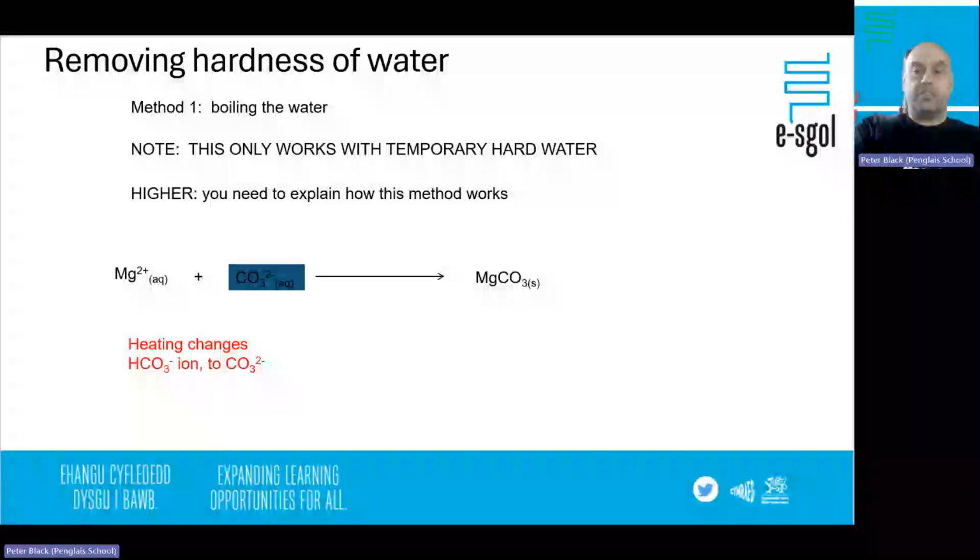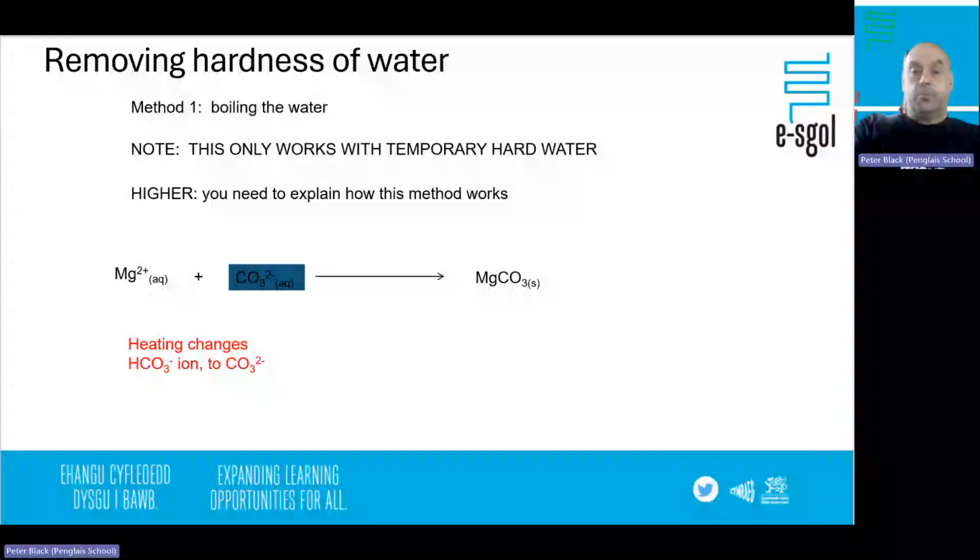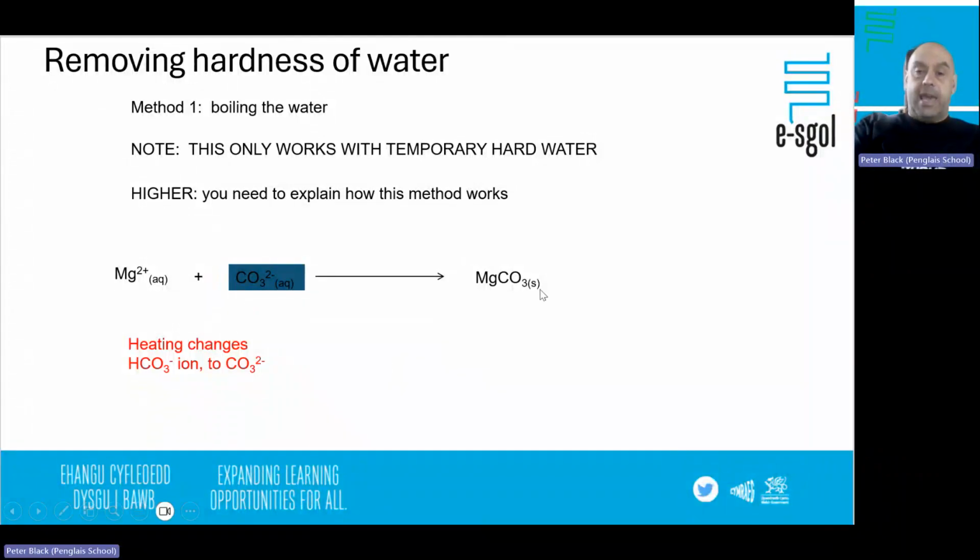That solid is called magnesium carbonate, and that effectively removes the magnesium and/or calcium equally from the water, and that makes the water become soft. This is, by the way, why we get the limescale building up on our heating elements and on our pipes. So when this magnesium carbonate comes out of the water, it forms this limescale.